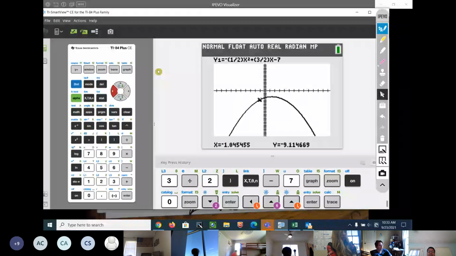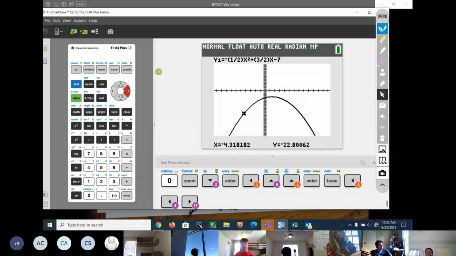Go over to the left-hand side. So as x comes from negative infinity, what is y doing? Somebody tell me what y is doing. Increasing. And from the x of the vertex to positive infinity, what is y doing? Decreasing. Thank you, class. Appreciate the interaction.